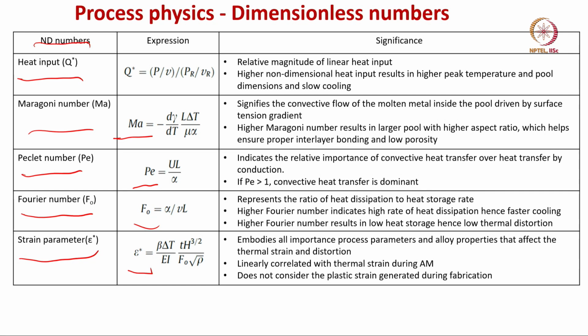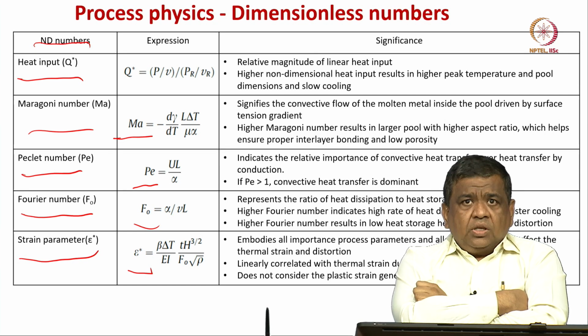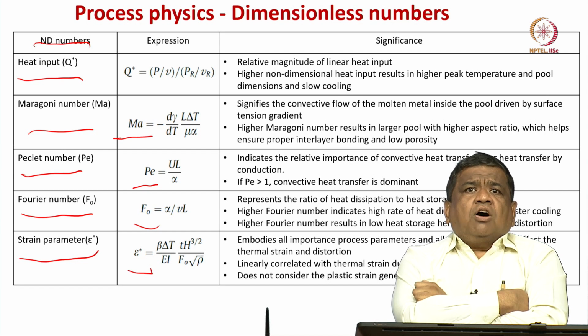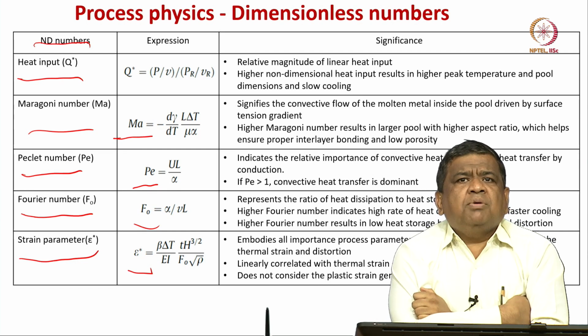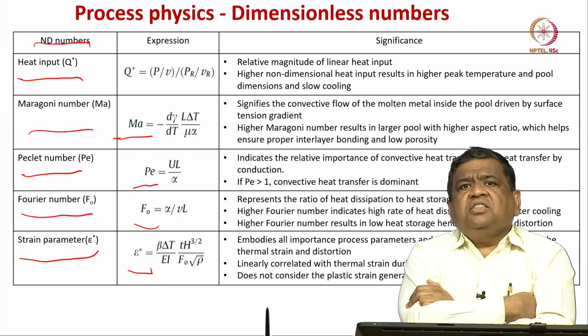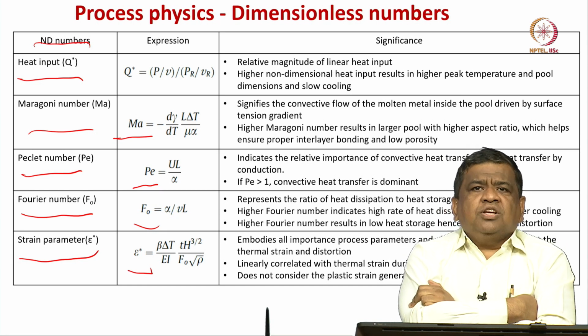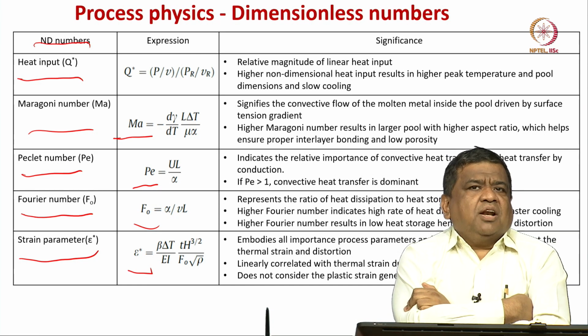Now, if you remember well, during the binder jet 3D printing, when I was discussing the process science of binder jet 3D printing, there also I used different dimensionless parameters, and these dimensionless parameters are Ohnesorge number, Reynolds number, and so on.